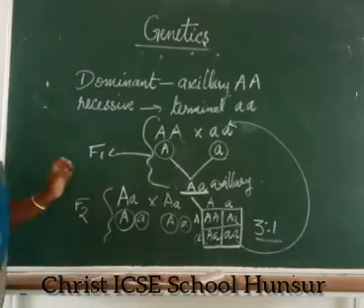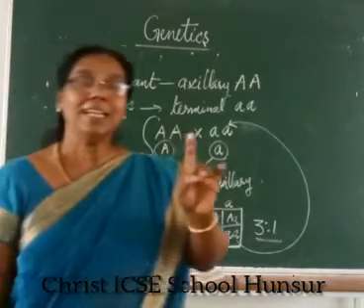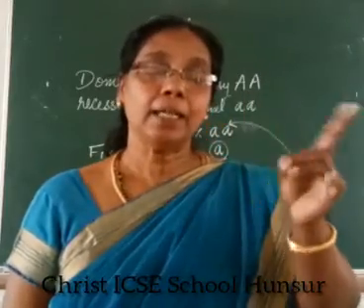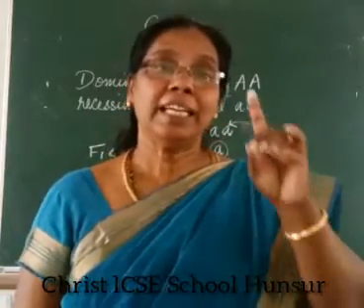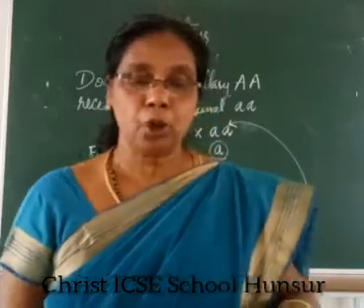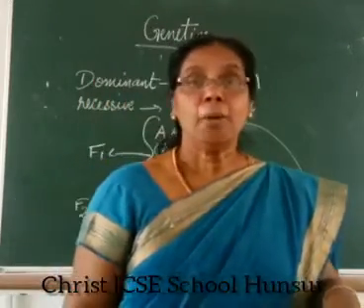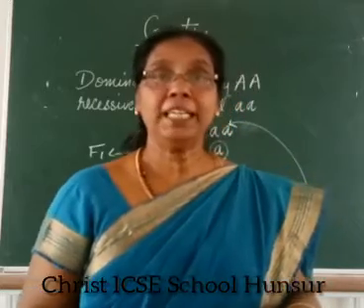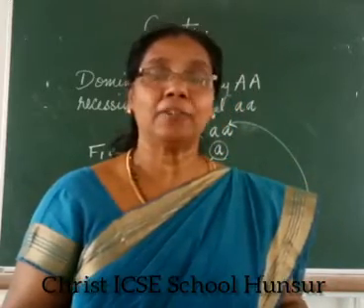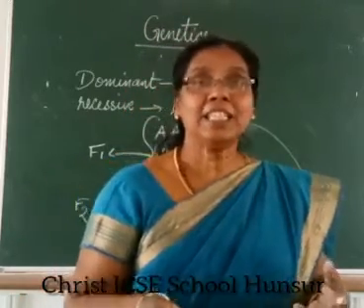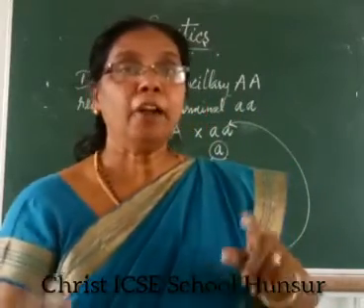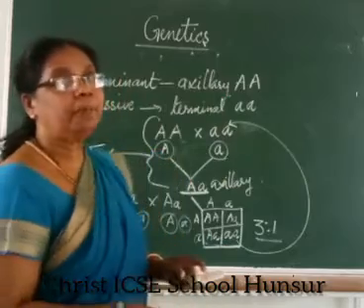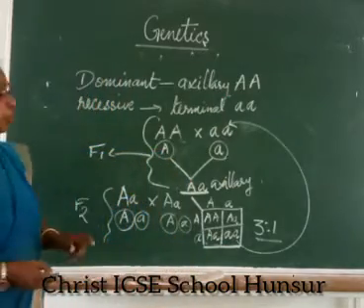It is a ratio produced when we take a single character, one character, and cross the plants. We get a 3:1 ratio, and that is called the monohybrid phenotypic ratio, meaning the external character, what we are seeing externally. Another term is the genotypic ratio, that is the gene ratio.